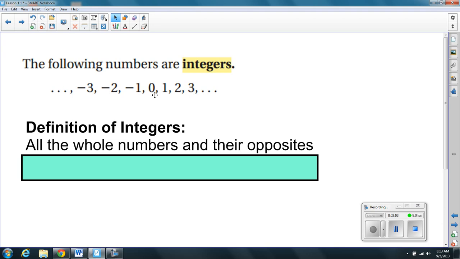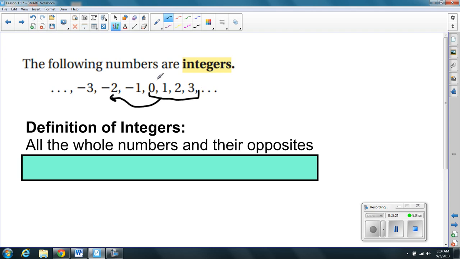So if we take a look, 0's opposite is 0. What's the opposite of 1? -1. What's the opposite of 2? -2. What's the opposite of 3? -3. So if you notice, every single positive whole number has an opposite called an integer.